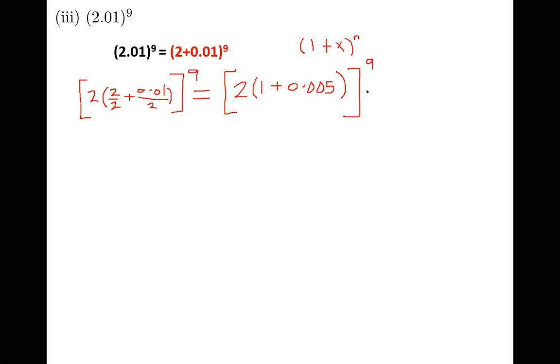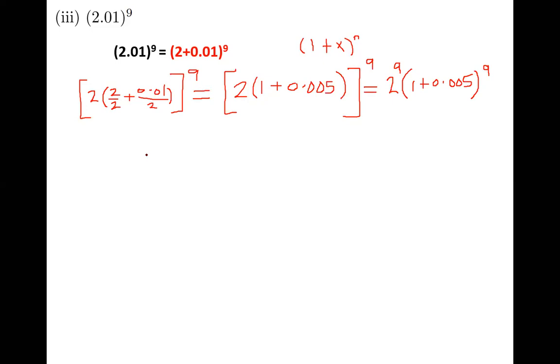So from there, what you do is you distribute the power. This power applies to the 9, applies to the 2 and also to what is in the brackets like that. 0.005. So this is what happens.